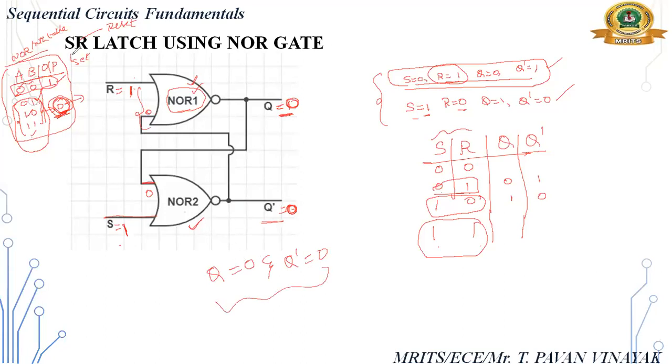Because I said already SR latch outputs are complement to each other. Complement to each other means when Q is 0, Q bar must be 1. But here we are getting Q bar as 0. That occurs when NOR gate 1 activates first.